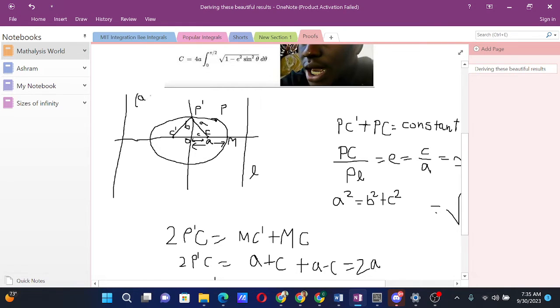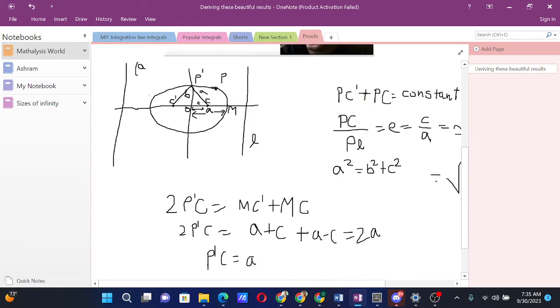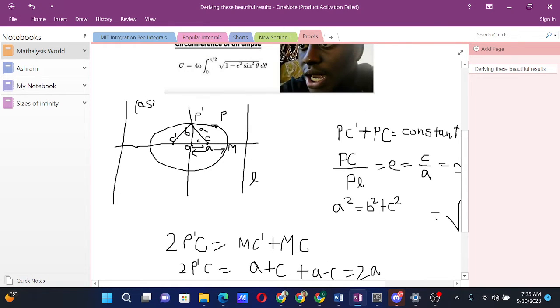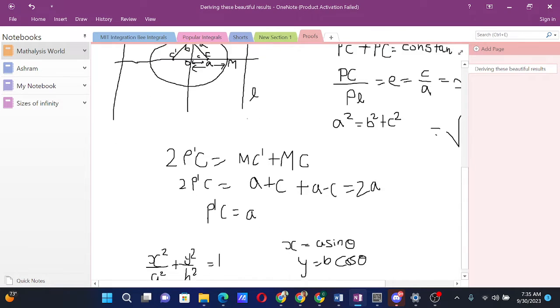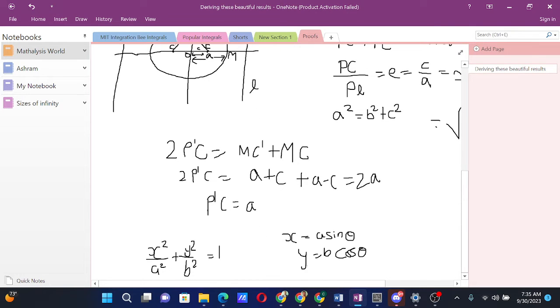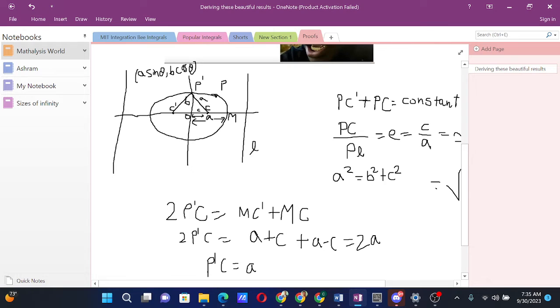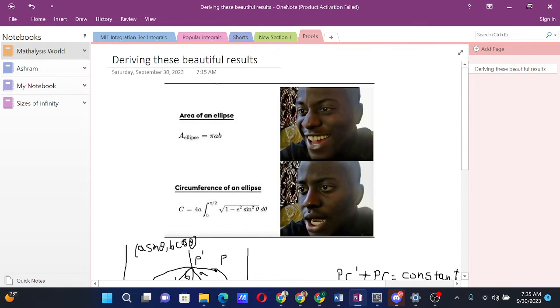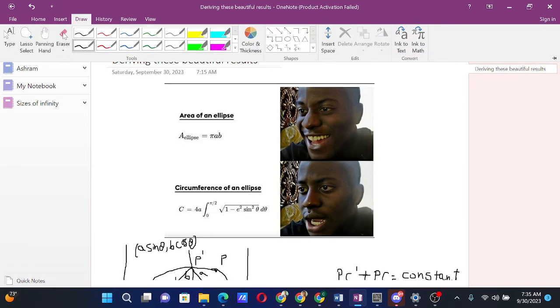A sine theta comma B cos theta. So this parameterization, A sine theta comma B cos theta, can help us get the points on the ellipse. With this, we are ready to begin deriving these integrals.